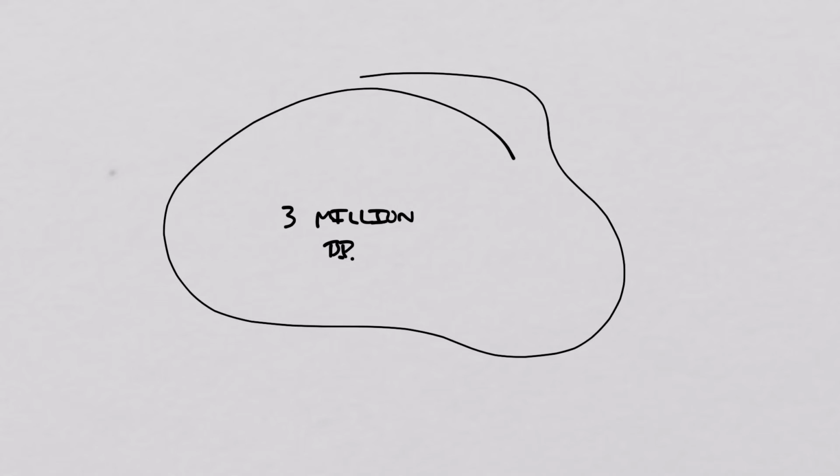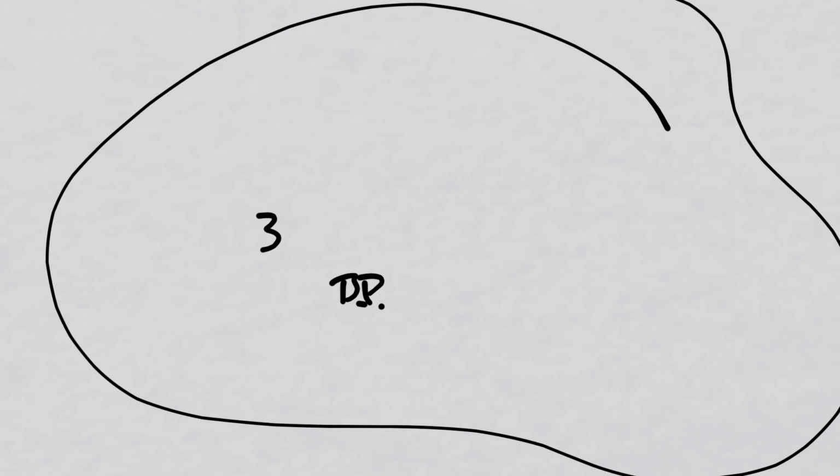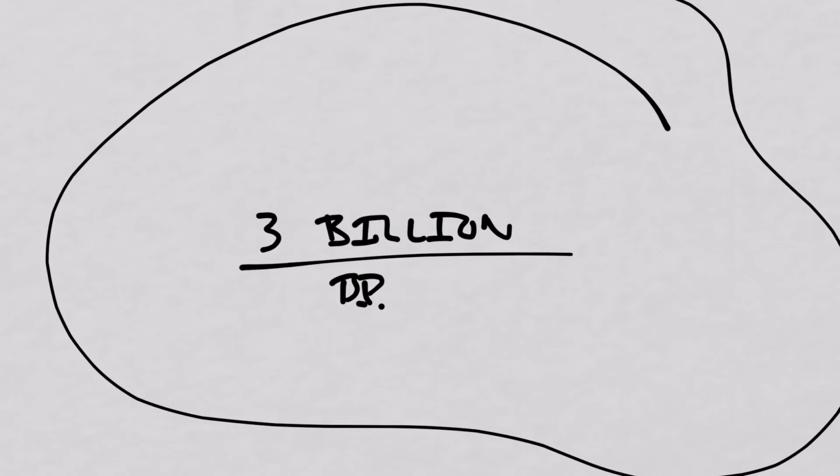So every one of your cells has the same 3 million base pairs. Wait, no, that's wrong. Billion. Okay, I was wrong, but I was right the second time. It's billion. 3 billion base pairs. Billion. So, that's an enormous amount of DNA.